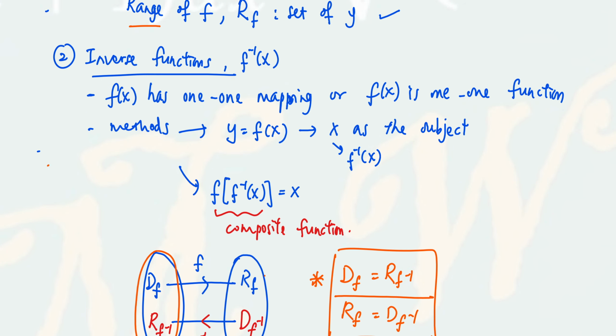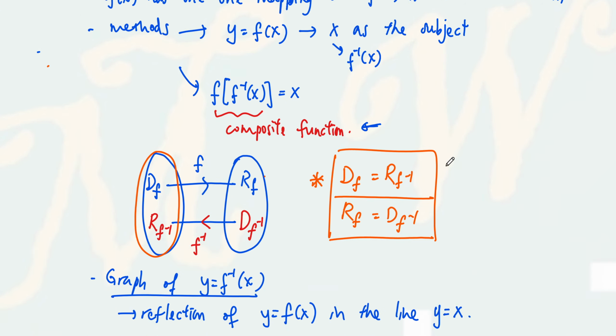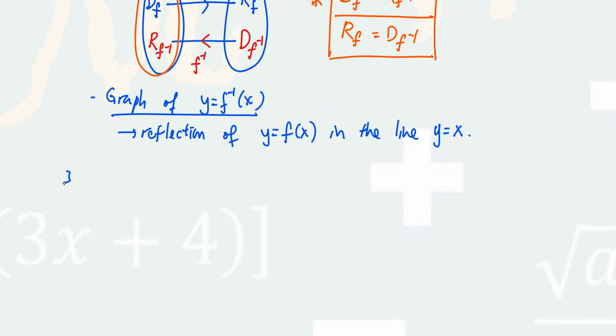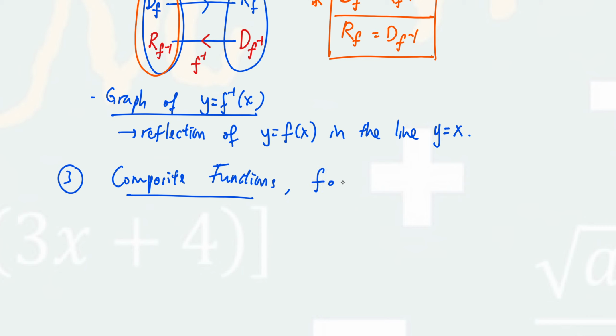Now, just now I did mention that we have composite function. So what is a composite function? The third part that you need to know from this chapter is the composite function. For composite functions, the notation is this small circle.